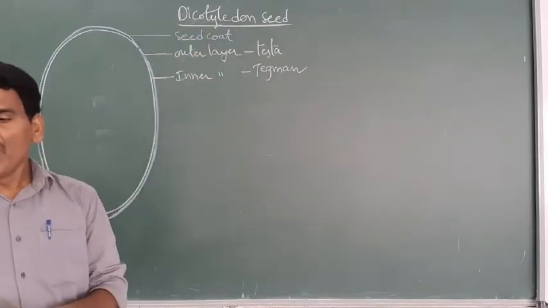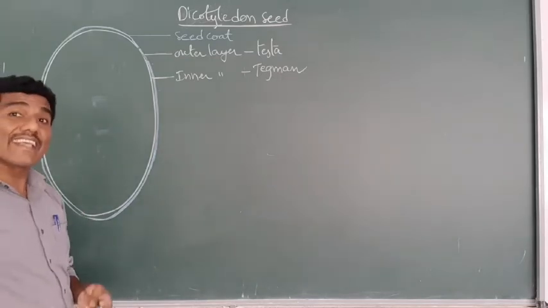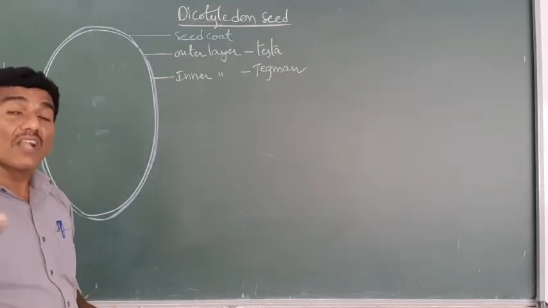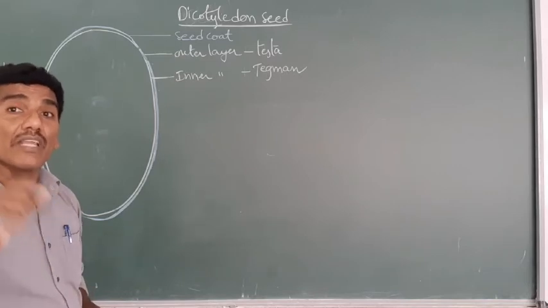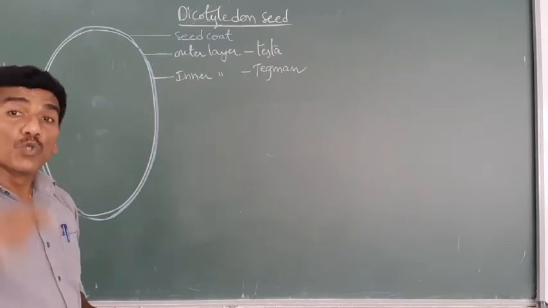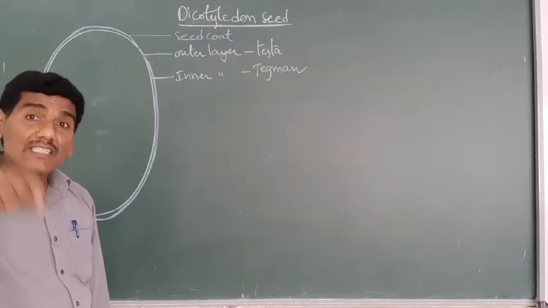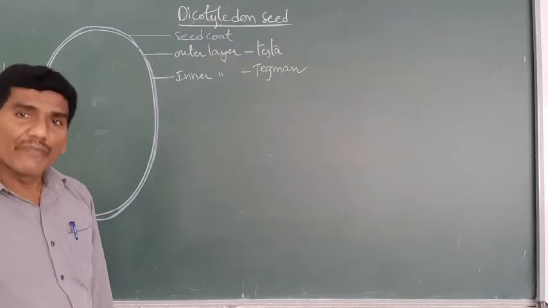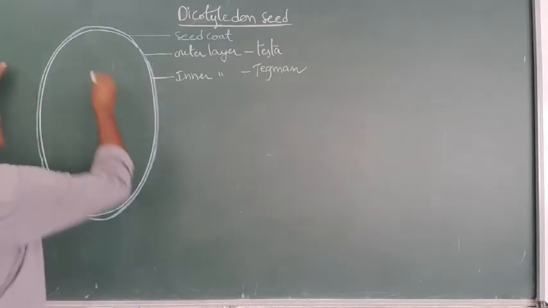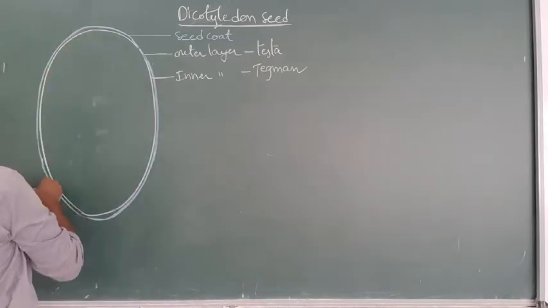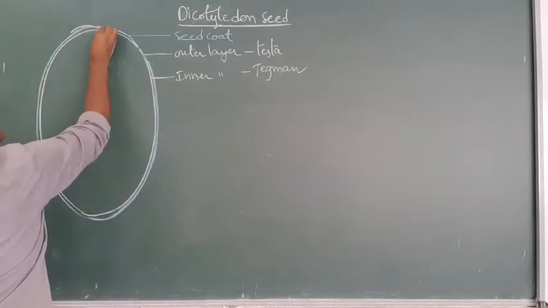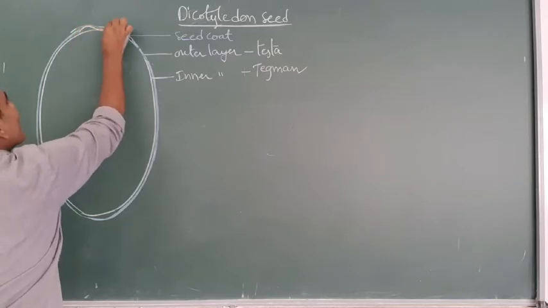Next one. Here there is a scar called hilum in the seed coat, through which the developing seed is attached to the fruit. For example, here is the small scar.